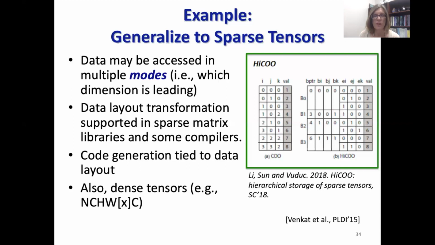And I do want to make the connection that there is a packed data layout that has been used for dense tensors. It's named according to the order in which the dimensions are traversed, laid out, and split.